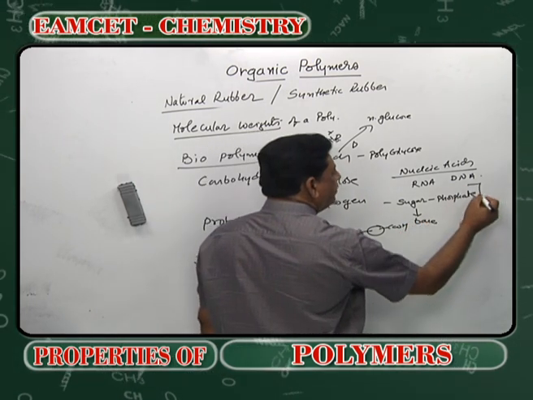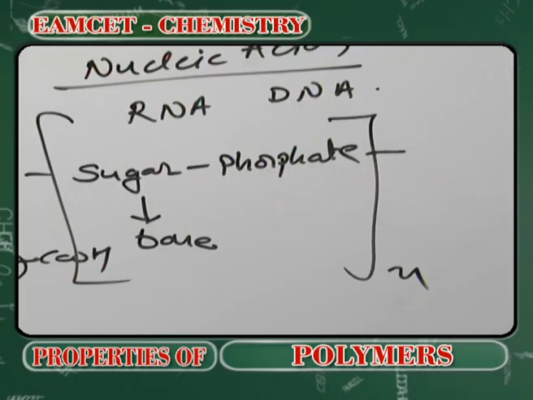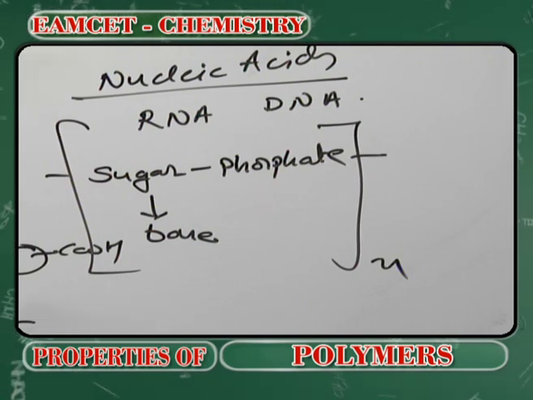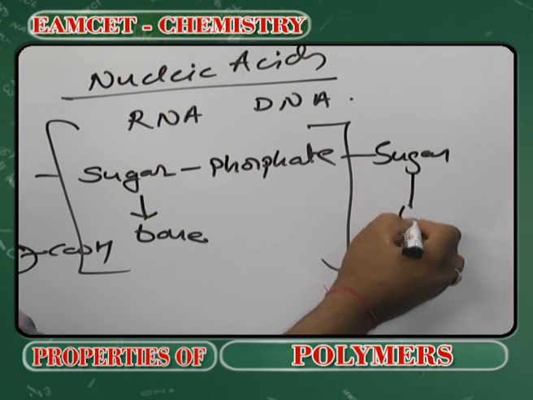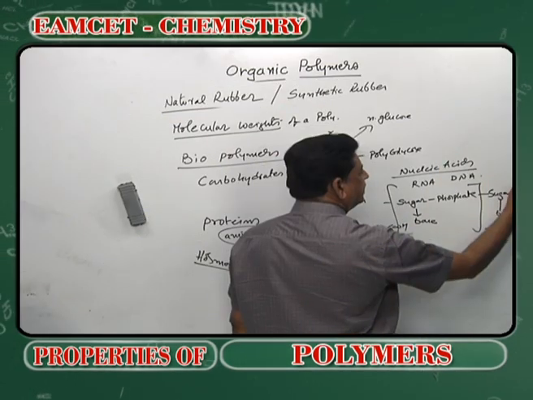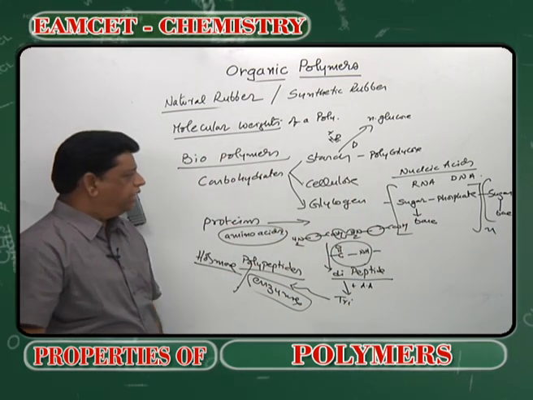This is a repetitive unit: a sugar with a base plus a phosphate, then again a sugar, a base and a phosphate, n times. So it goes on developing a long chain.